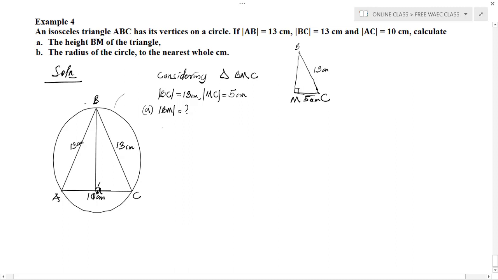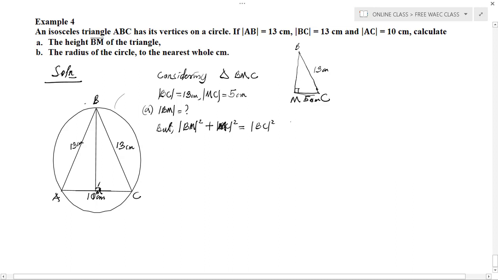And we can easily say that length BM squared plus MC squared, our hypotenuse is BC.